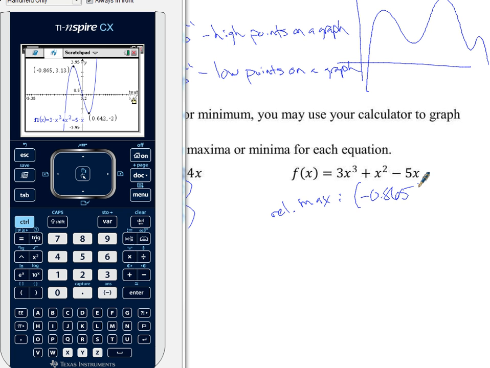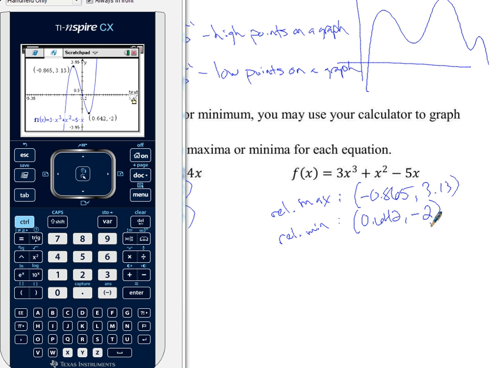So just go with the calculator. And then comma 3.13. And then relative minimum. Again, there's only one relative max and one relative minimum here. Parentheses 0.642, comma, looks like negative 2, is that right? Okay, so then there's your answers for those, just straight off the calculator.